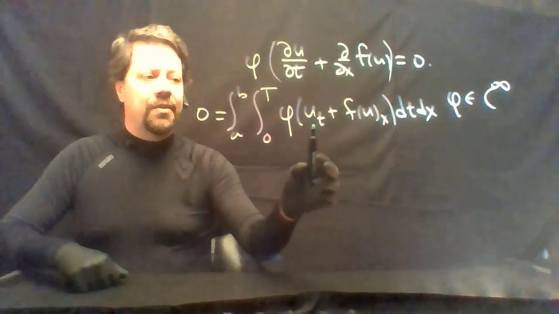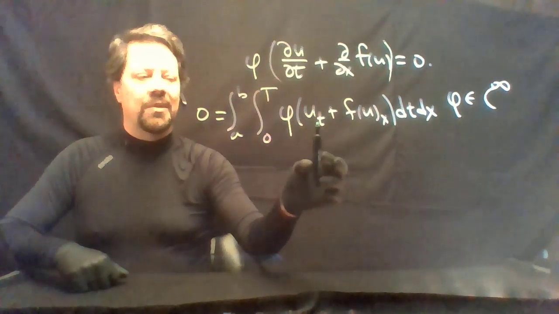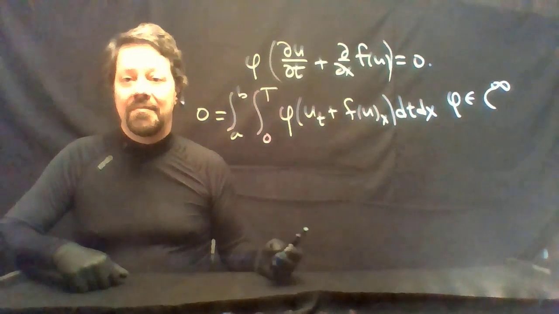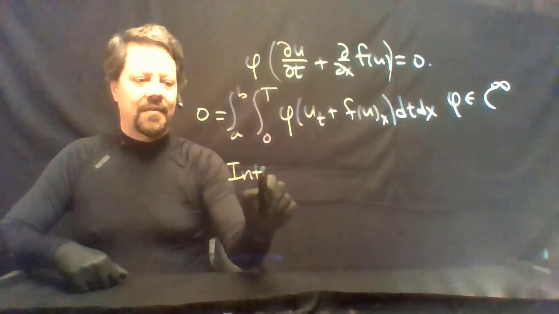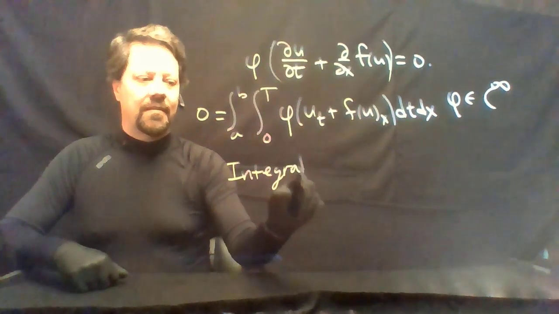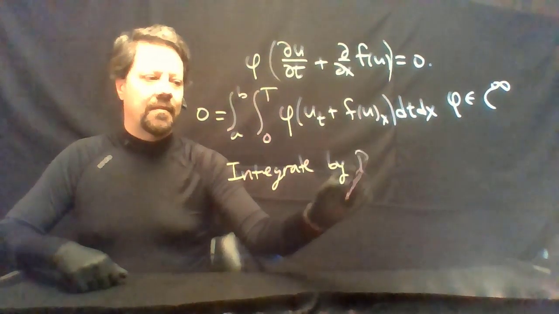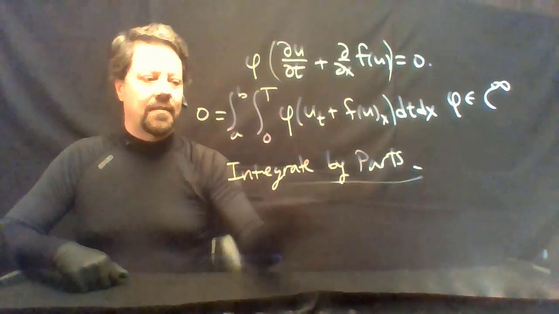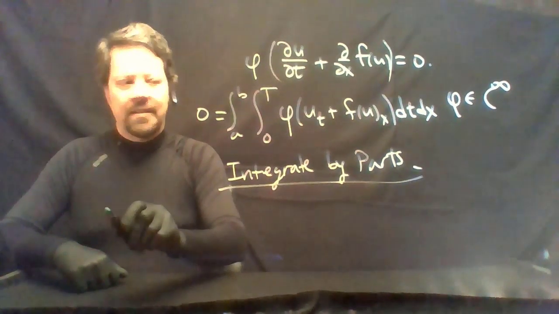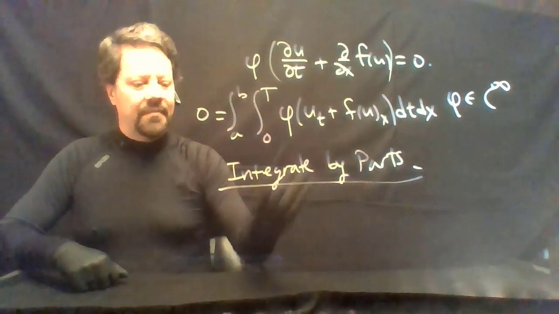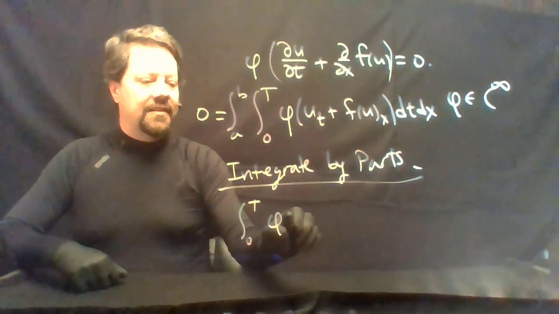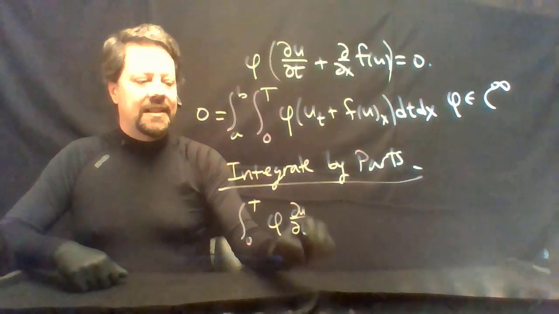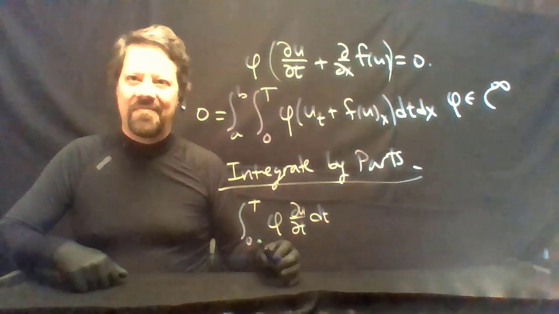Now, we're going to shift the derivatives off of the state variable using integration by parts. In particular, consider the following integral. Integral from 0 to T of phi du dt dt.